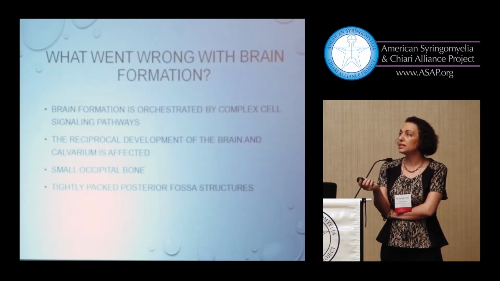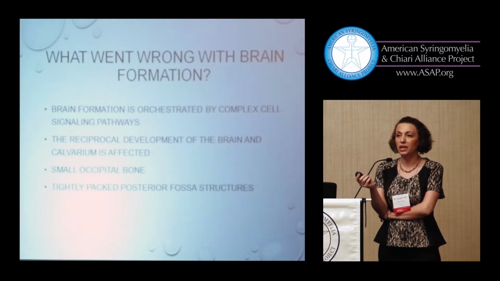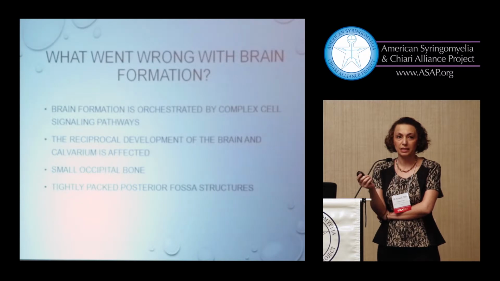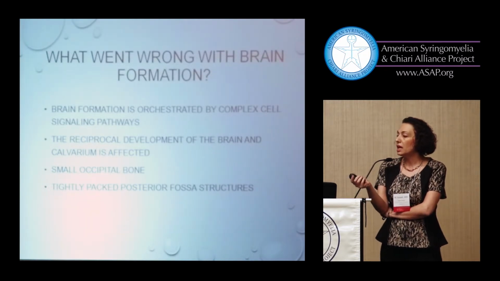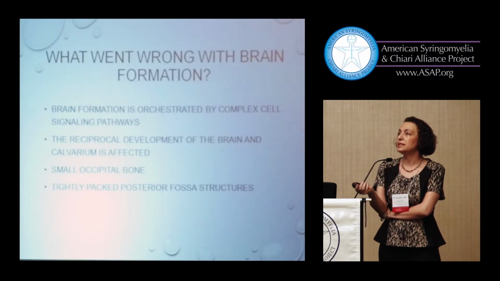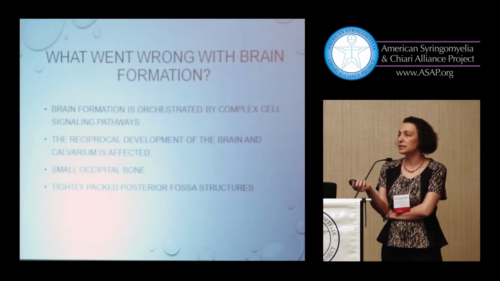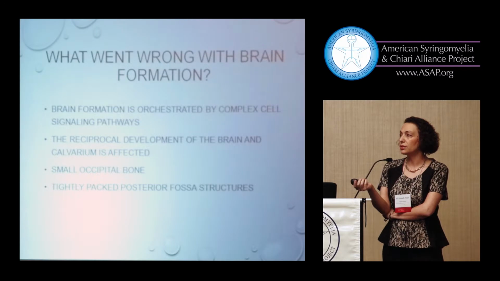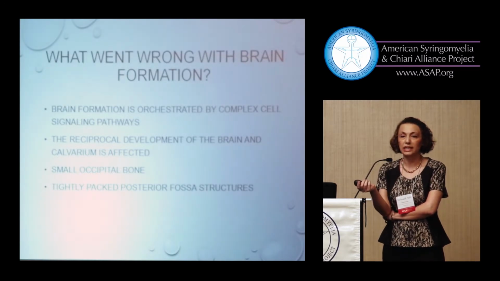So somehow these cell signaling pathways are impaired, resulting in a deformity and abnormality involving both. So in the case of type 1, what we have is a small occipital bone and some deformity in the posterior fossa structures that are tightly packed.